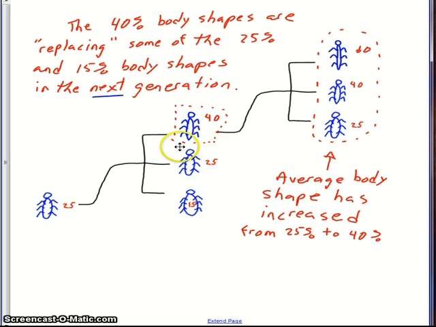And the reason for that is the 25 and 15 percenters are more likely to be dead, more likely to be food for birds. Right? So the 40% body shapes are replacing some of the 25 and 15% body shapes in the next generation. And this is then again causing the average body shape to increase its percentage towards looking more and more like a stick.